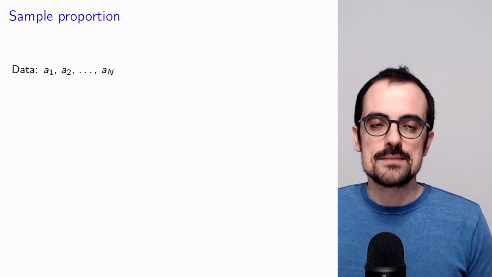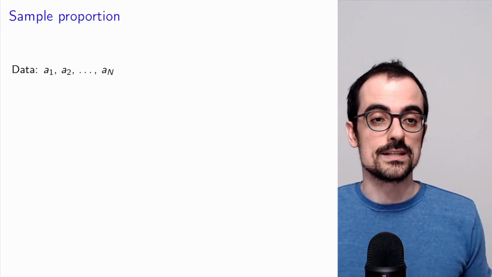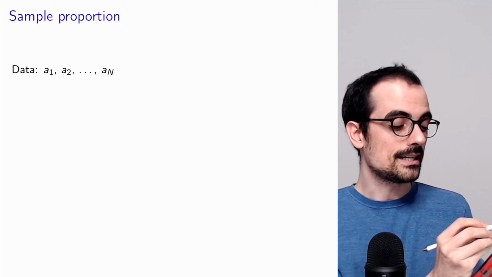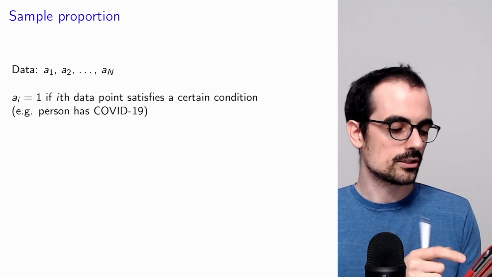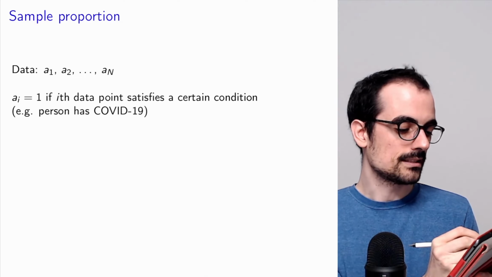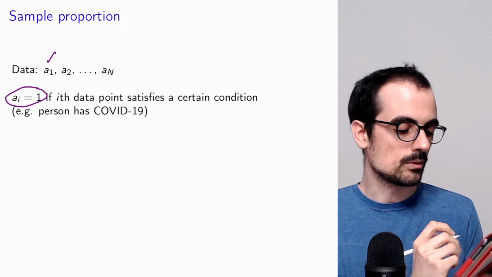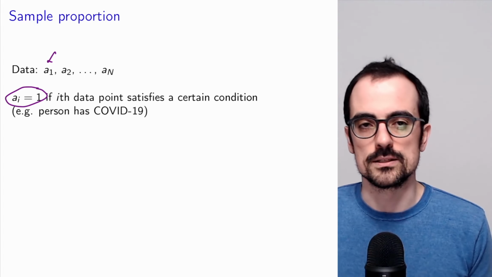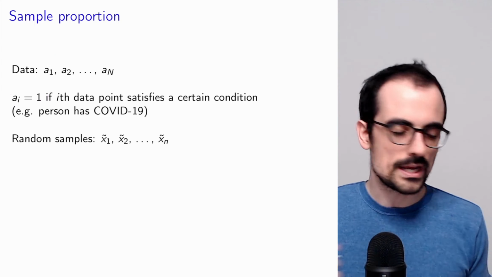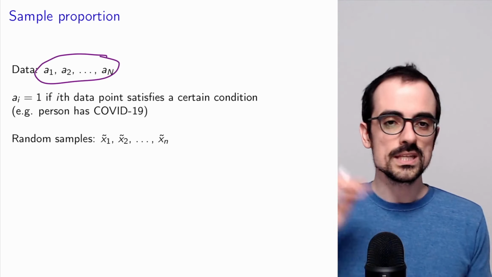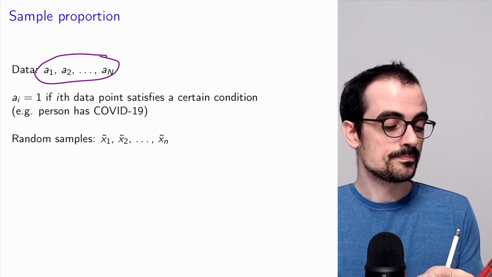We can also apply the same idea to the sample proportion, in the case where we were trying to estimate the prevalence of COVID-19. Now our data here encode whether each person in the population has the disease or not. And the way we encode it is that the corresponding data point is equal to 1 if that person has COVID-19. The random samples now are obtained in exactly the same way. We pick one of these guys independently at random and uniformly at random, so we have the same probability of picking each of them.